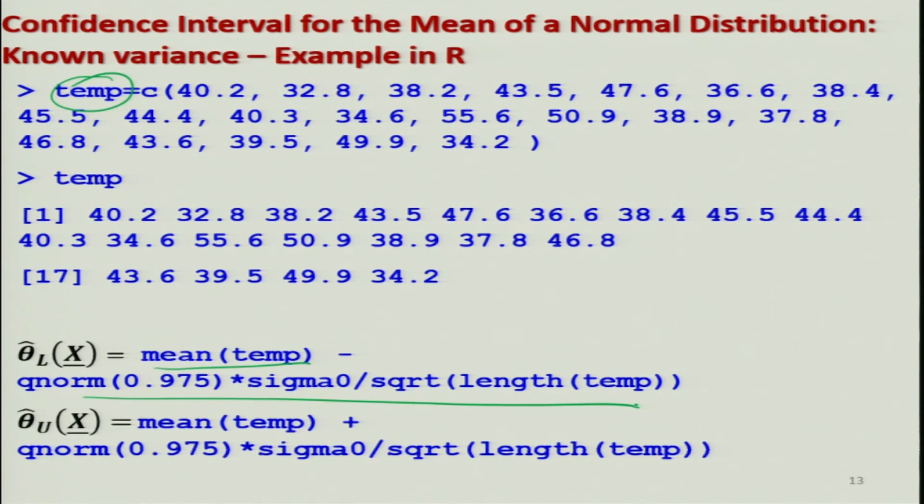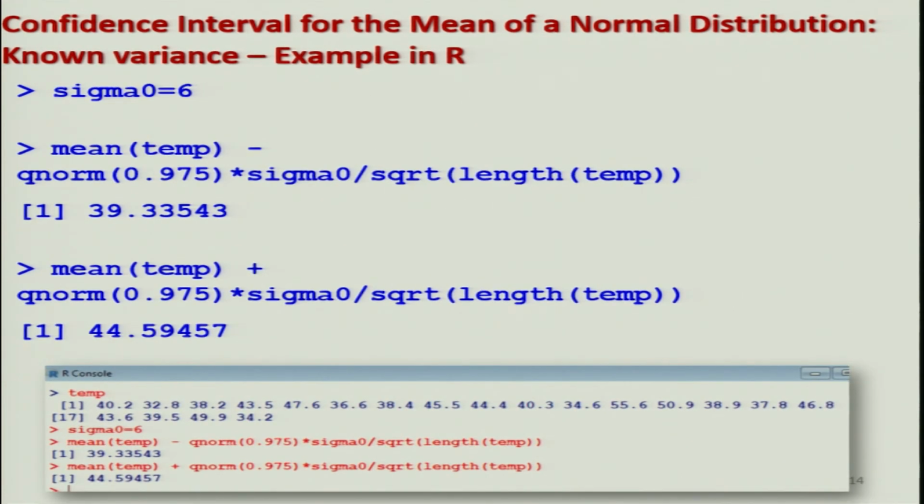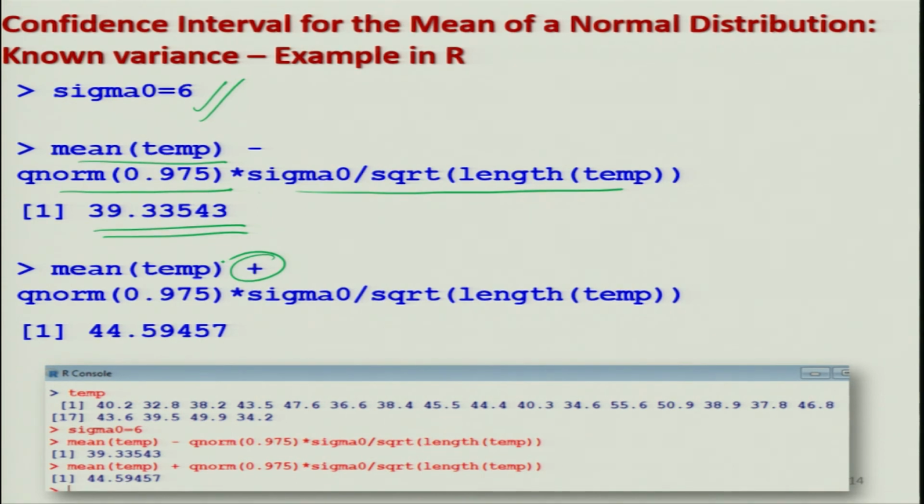Sigma 0 is given, so I have to enter it separately, and then the lower limit will come out like this: mean of temperature minus qnorm 0.975 times sigma 0 divided by square root of length of temperature. This value will come out to be 39.33, and similarly you can obtain the upper limit just by changing the minus sign to plus sign, and you obtain these two limits, 39.33 through 44.59.